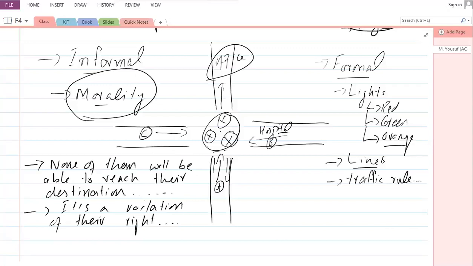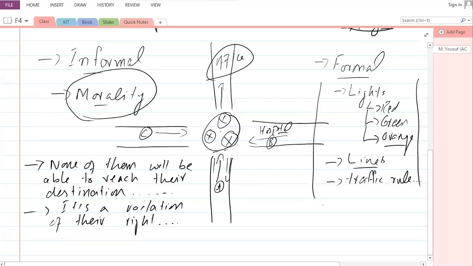Everyone will reach his destination, his desired area where he wants to go. Whatever he wants to do, he can do it appropriately within time. So if traffic rules are prevailing at that intersection, it will be working fine.